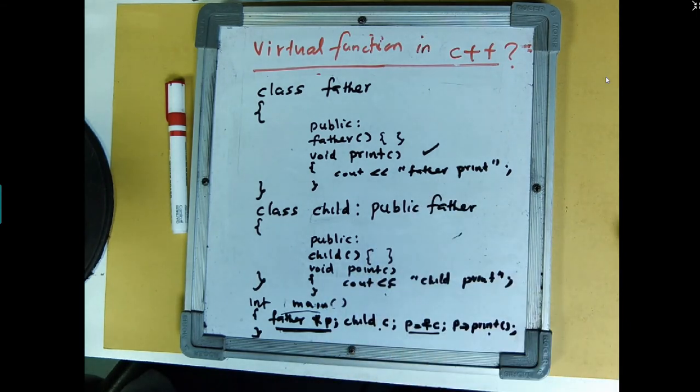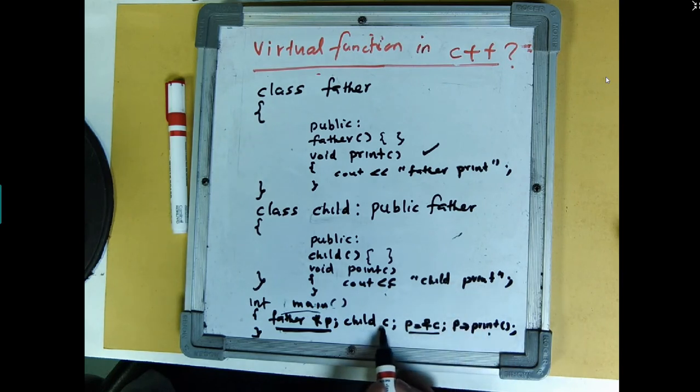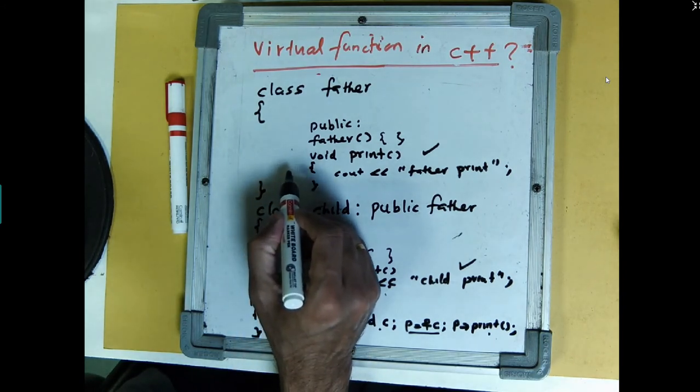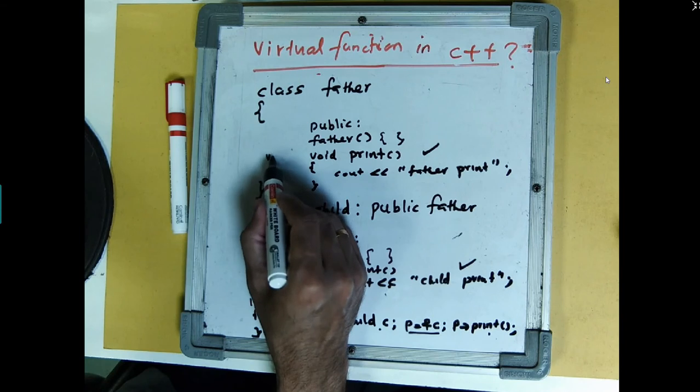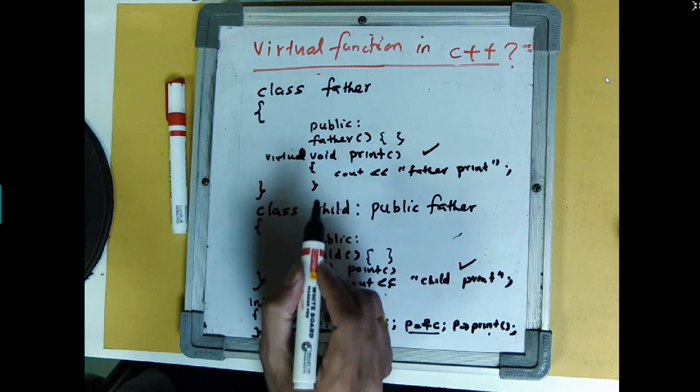Now suppose I want the child print to be printed whenever we create a child object. In this particular case, suppose you want this line to be executed, then we can write here virtual void print.